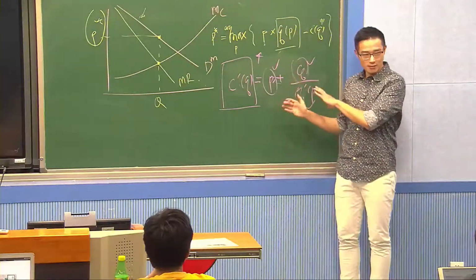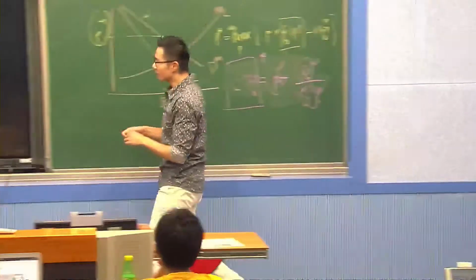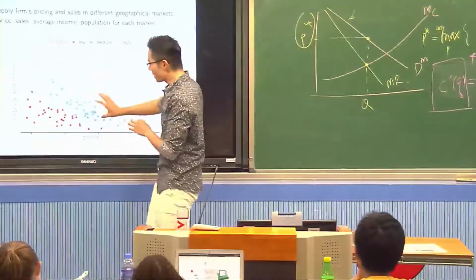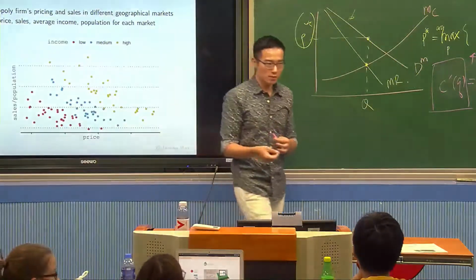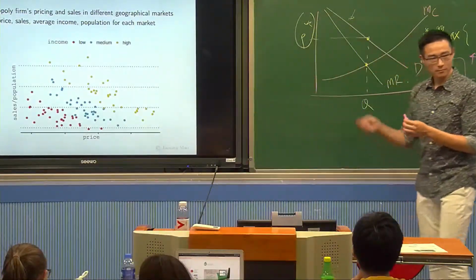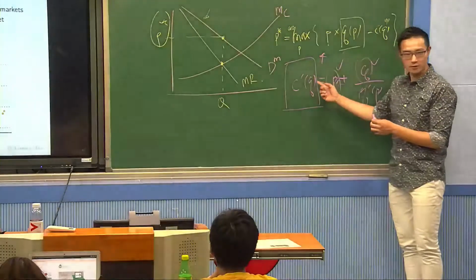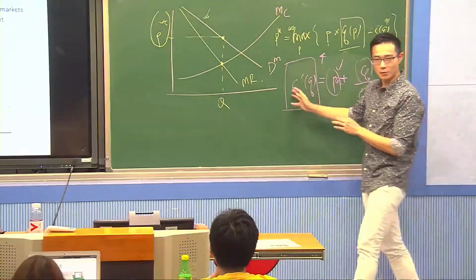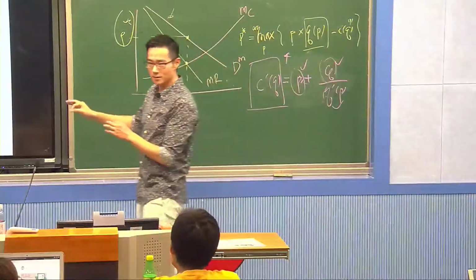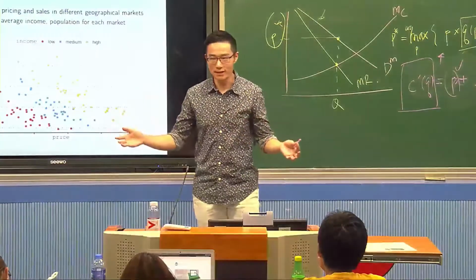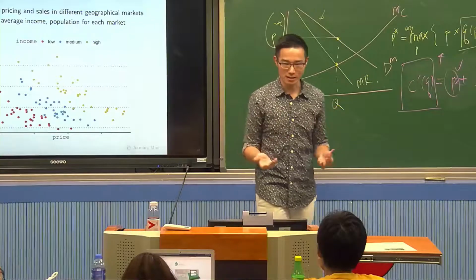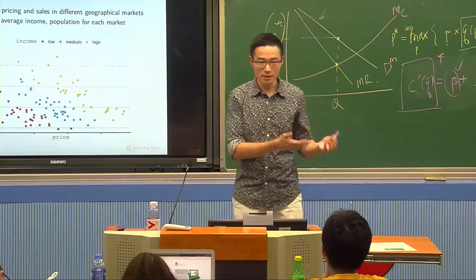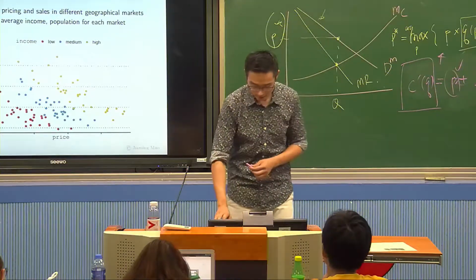So if I really believe in this theory, then from my data on price, sales and income, I can basically deduce the cost of this company. The entire marginal cost curve, I can calculate it. And then once I know the marginal cost curve of the company, I can use it to do any kind of thing, right? So I can use it to predict firm behavior in various different settings. And that is the power of believing the economic theory, correct?